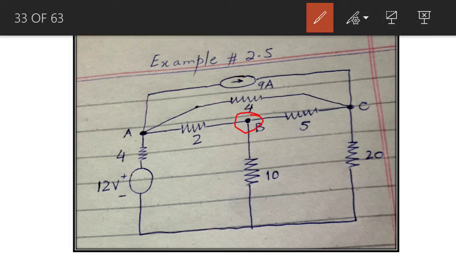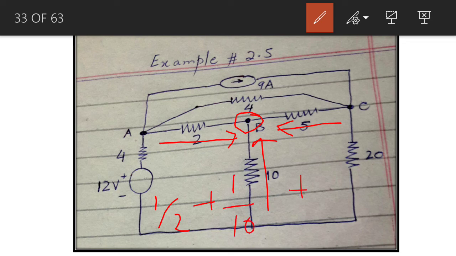You see this resistor of 2 ohm, this resistor of 10 ohm, and this resistor of 5 ohm. So G22 will be equal to 1 by 2 plus 1 by 10 plus 1 by 5. We take the sum of all the conductances which have been connected to the second node.